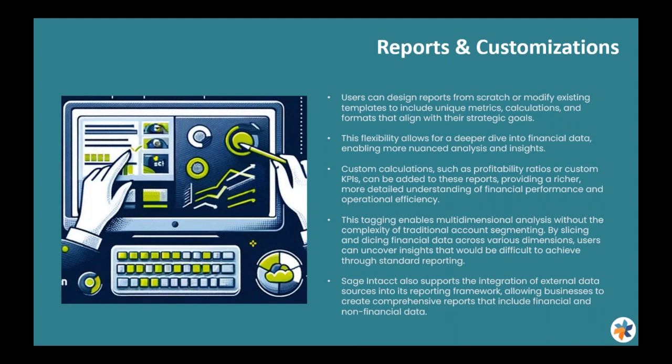Users can incorporate custom calculations such as profitability ratios and unique KPIs into reports and enhance understanding of financial performance and operational efficiency. Intacct's tagging feature facilitates multidimensional analysis without complex or traditional account segmenting. By slicing and dicing financial data across various dimensions, users can uncover valuable insight not achievable through standard reporting methods.